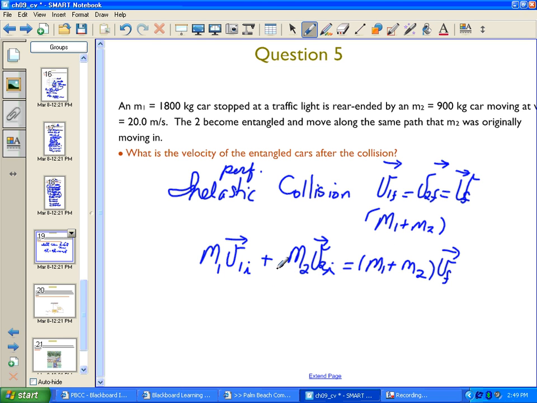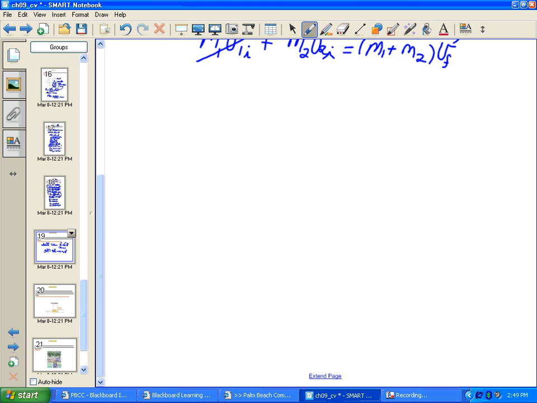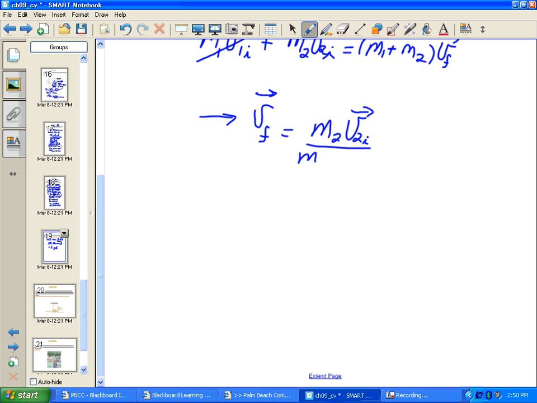Now, they tell us that car number 1 was stopped at the traffic light, so in fact, car number 1 did not have an initial velocity. Well, here you can see very easily that we are solving for v final, which will be equal to v final as a vector, m2 times v2 initial divided by m1 plus m2.